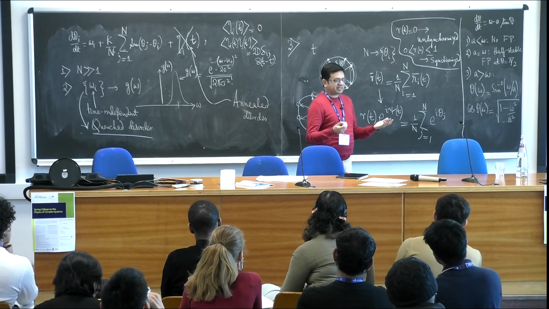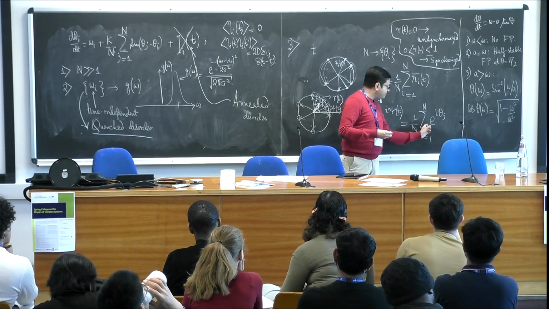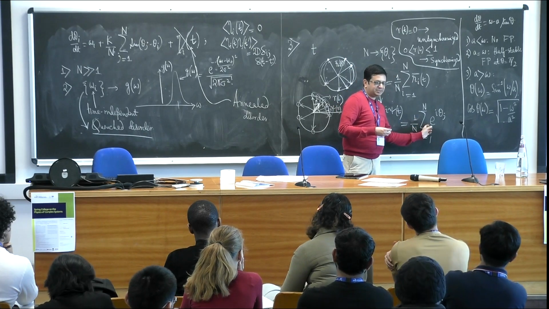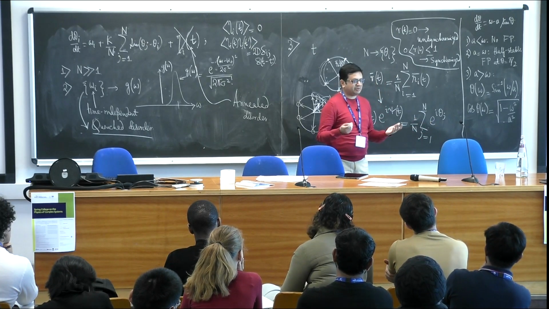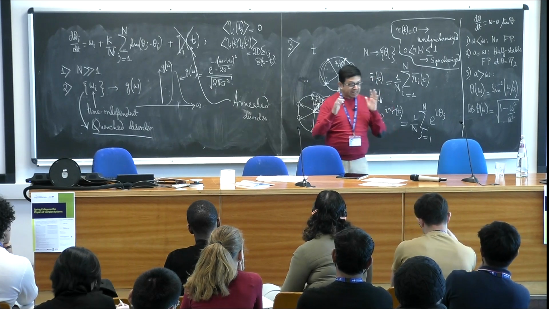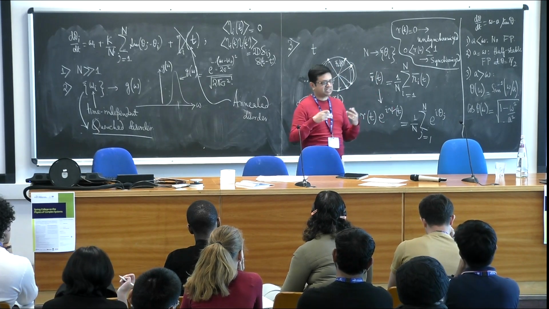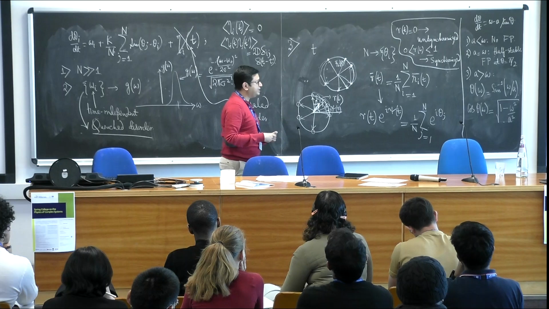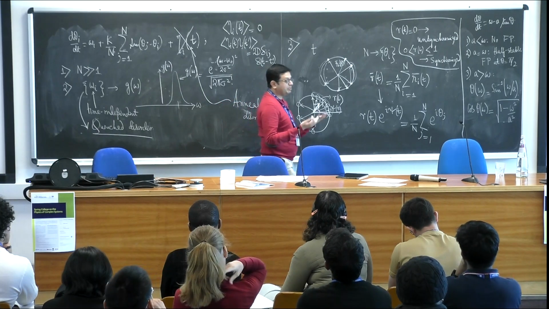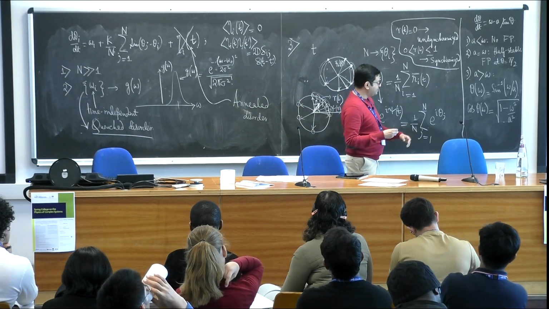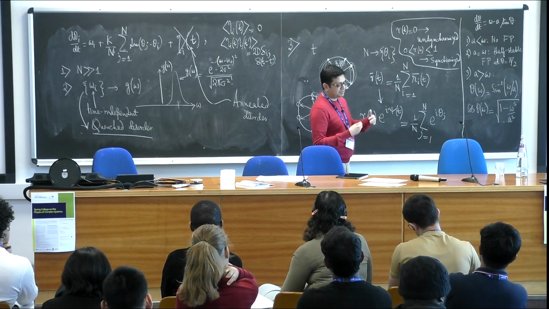A macroscopic fraction, right, because there is 1 over n here. So if there are just 2 or 3 oscillators which are synchronized, divided by n will not count. So you need a macroscopic fraction of the oscillators to be synchronized in order to get a synchronized stationary state.